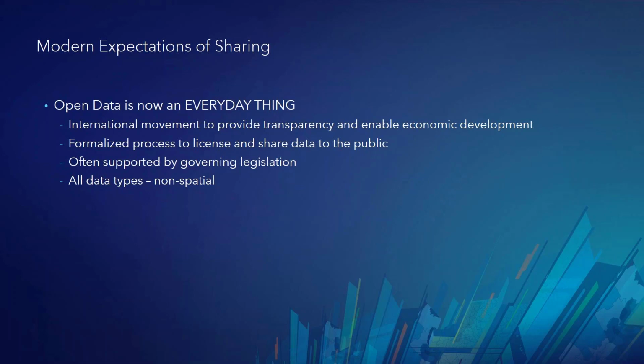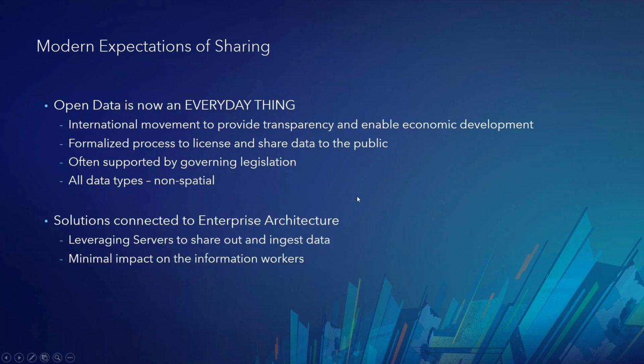And the most important aspect, from my perspective, of how we deliver open data in ArcGIS is that it's all data types, right? Yes, we are a spatial company, but our open data solution does provide the ability to share out non-spatial data too. So things like business tables, tabular tables, or tables from CAMA systems, right? You can share those out.